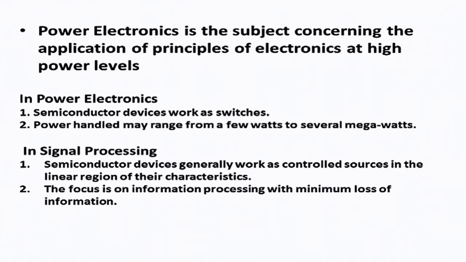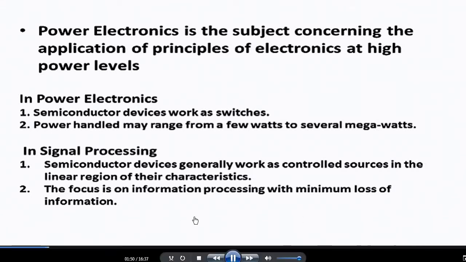In power electronics, the semiconductor switches are used in only two states, either on or off, whereas in signal electronics the devices are used in linear regions of their characteristics. Power handling capacities in power electronics vary from a few watts to several megawatts, whereas in signal electronics it is only in milliwatts.